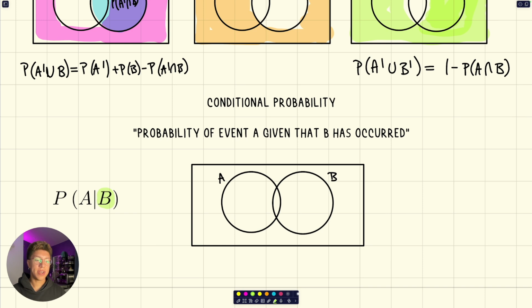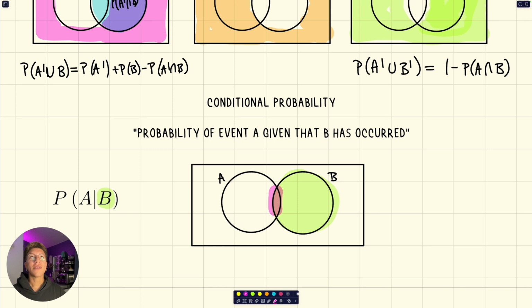Starting with this one, we say that our given condition is B. And so we're only looking at the part of the diagram where B happens. And then we're saying, well, what's the probability that A happens given that we're only looking at B? Well, inside of that B circle, there's only one place where A occurs, and that's right there in the overlap.